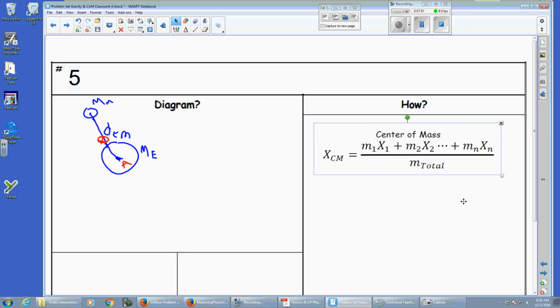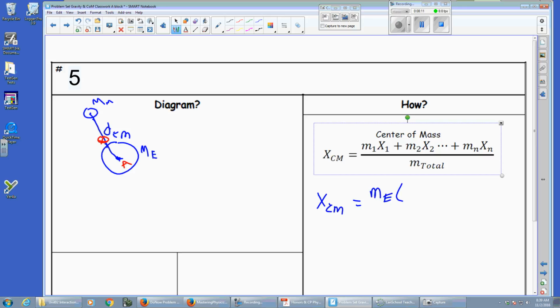All right. So we're using Earth as our center here. So we're looking for XCM. Earth is our first object.